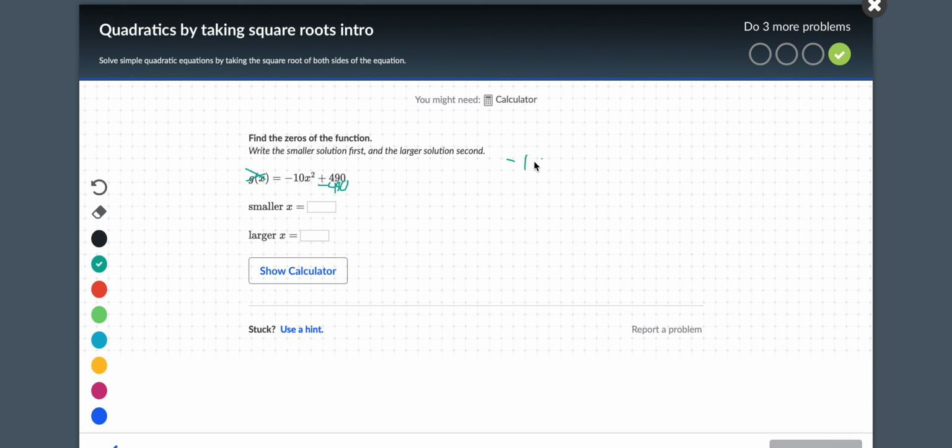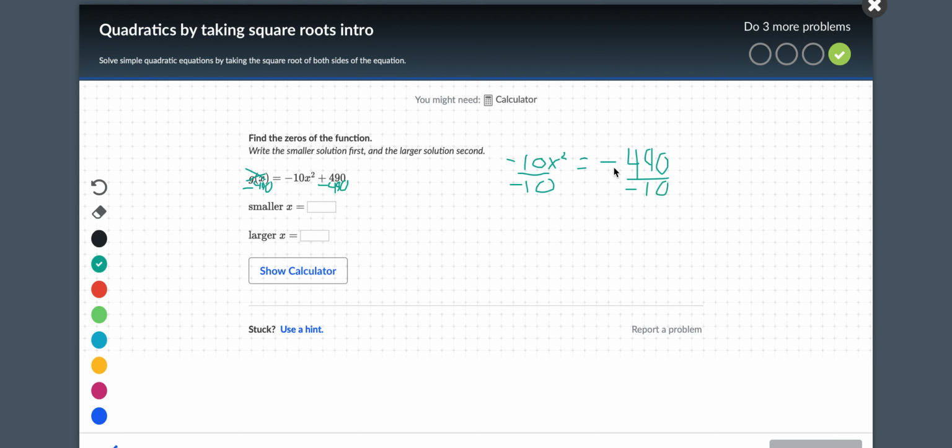So now we get negative 10 x squared equals negative 490. And there's a negative 10 here, so we need to divide both sides by negative 10 to get rid of that.